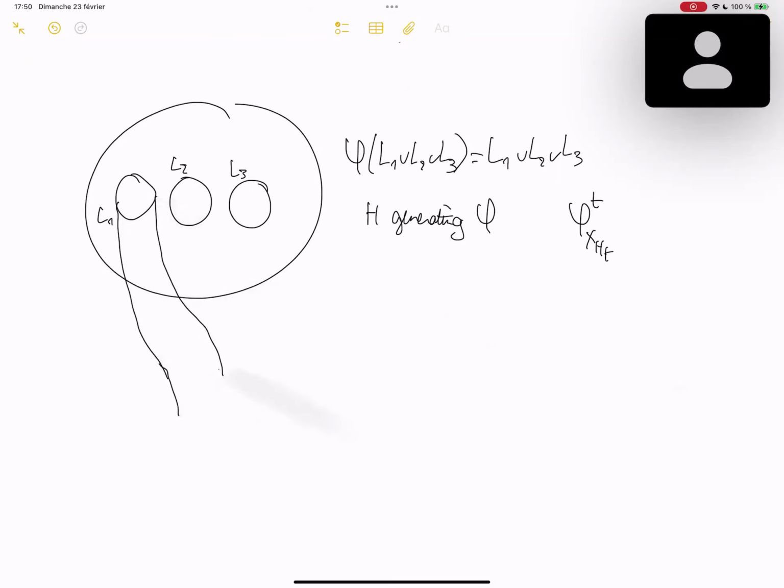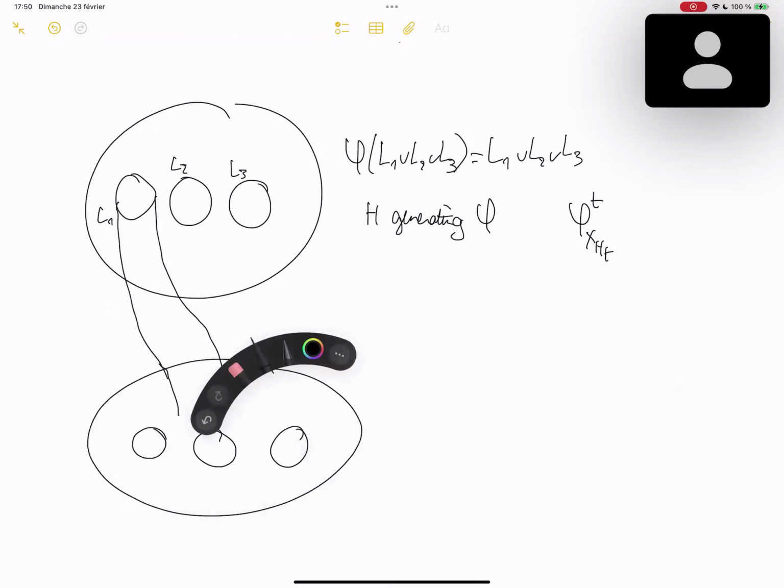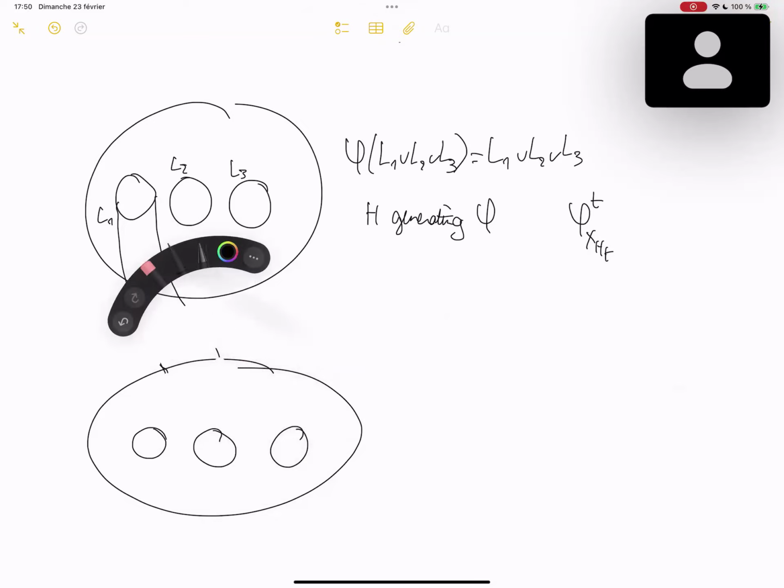We know at time 1 it will be mapped to those same three circles. So if I look at this isotopy phi_t^H, it could do something like that, for instance.